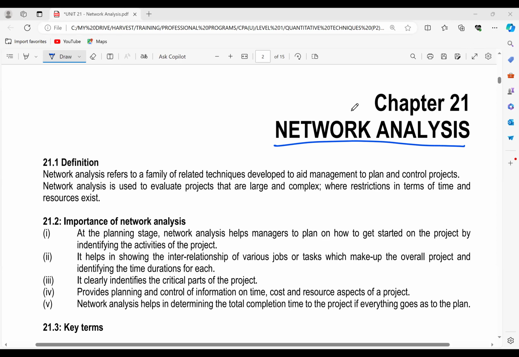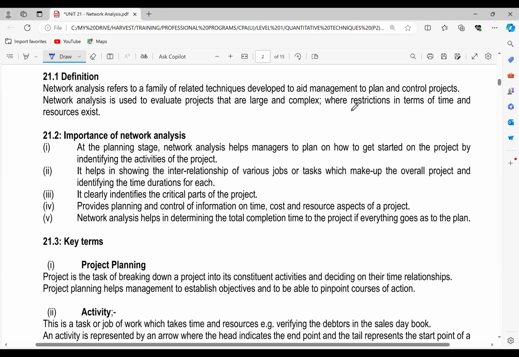So why project planning? Why network analysis? Under the importance of network analysis, number one, we are saying that at the planning stage, network analysis helps managers to plan on how to get started on the project by identifying the activities of the project.